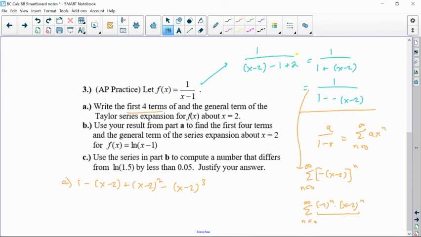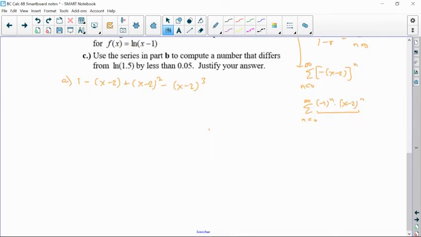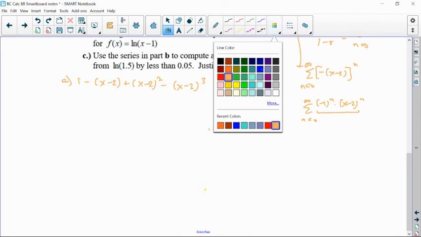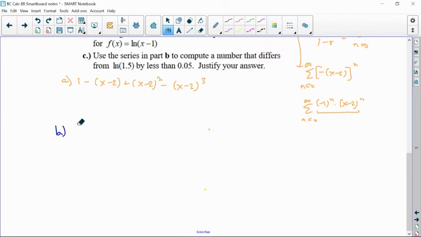Now, if they want us to think about it using our results in part A, we can realize that the antiderivative of 1 over x is equal to natural log of x plus c.